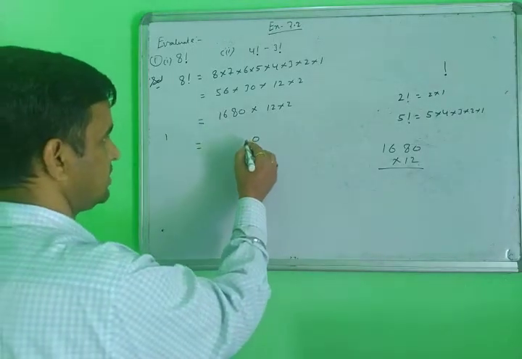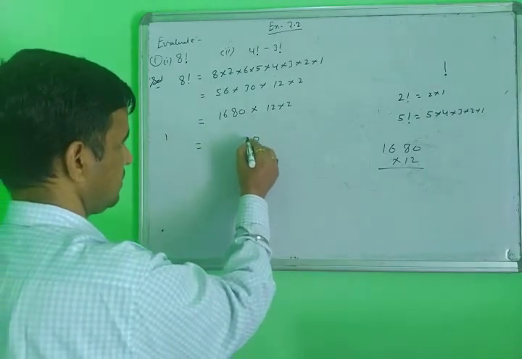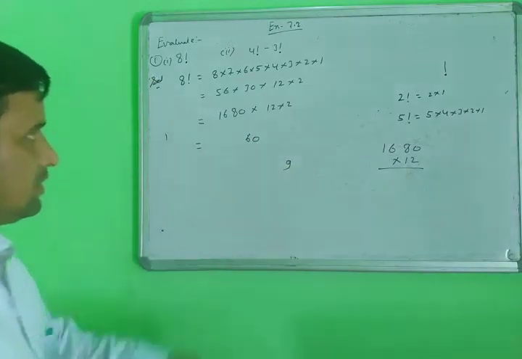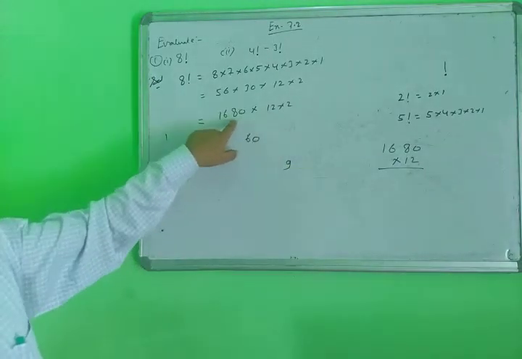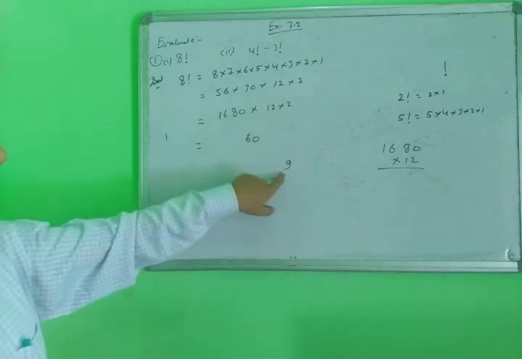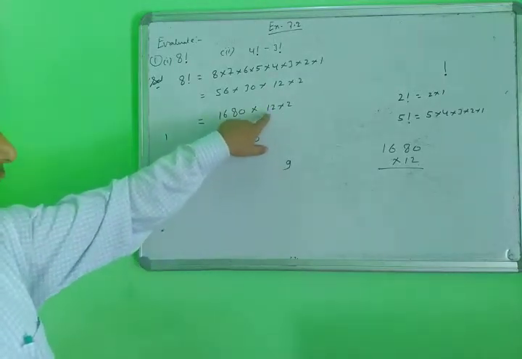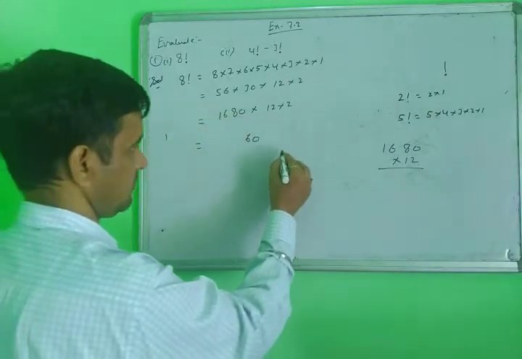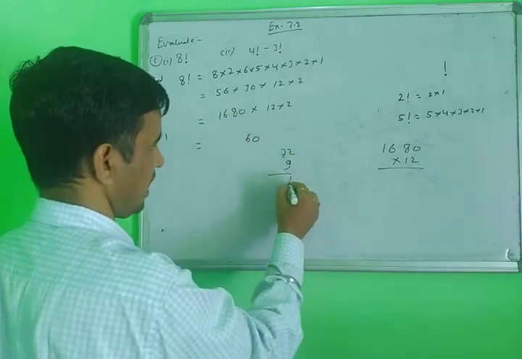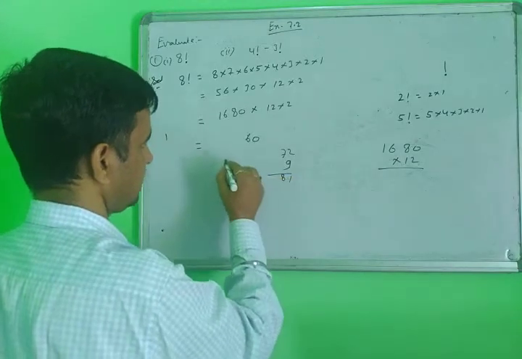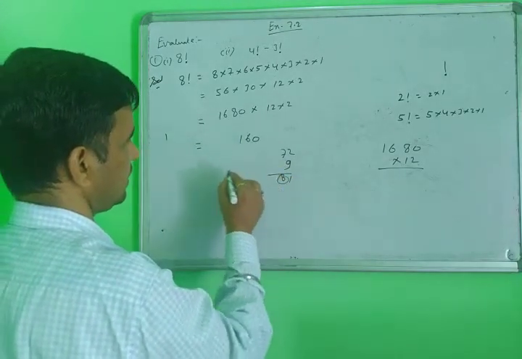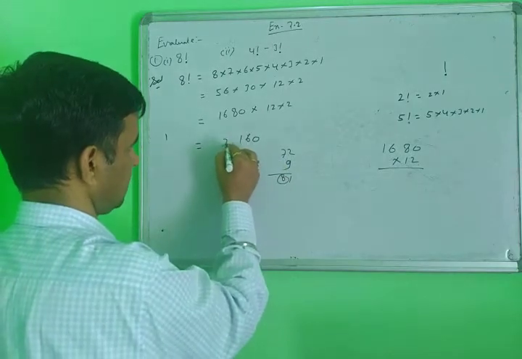12 times 8 is 96, carry 9. Next, multiply 12 times 6 is 72, and add the 9 to get 81, carry 8. Then 12 times 1 is 12, plus 8 is 20.